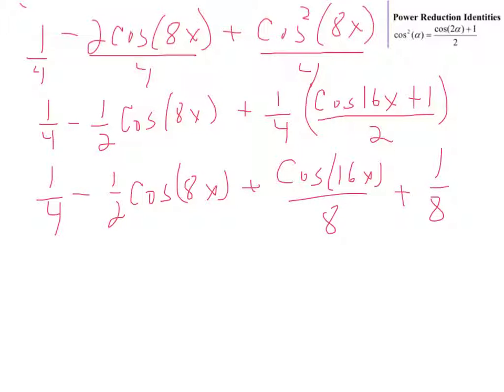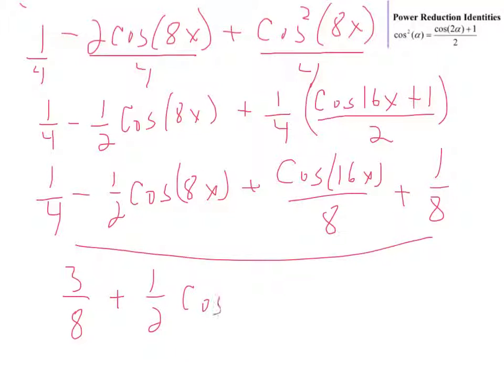So then I get these two like terms here, which becomes 1/4 plus 1/8 is 2/8 plus 1/8 is 3/8, plus 1/2 cosine of 8x plus 1/8 cosine of 16x. And I believe that's what the answer was.